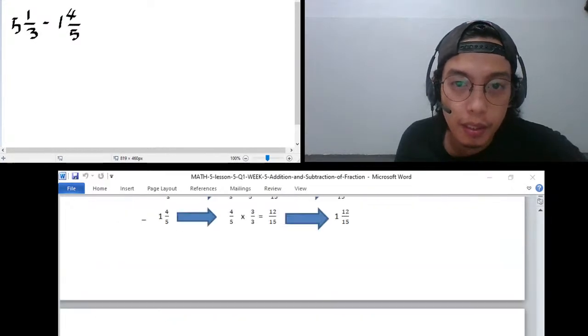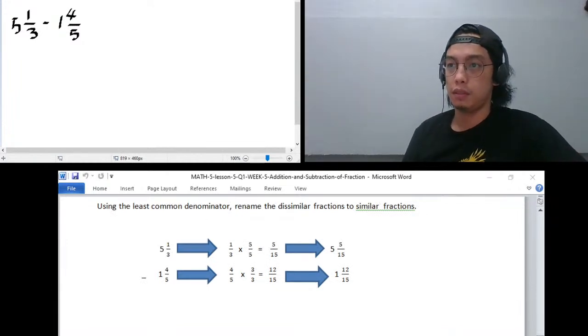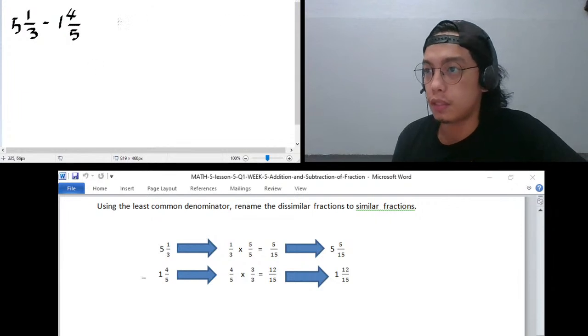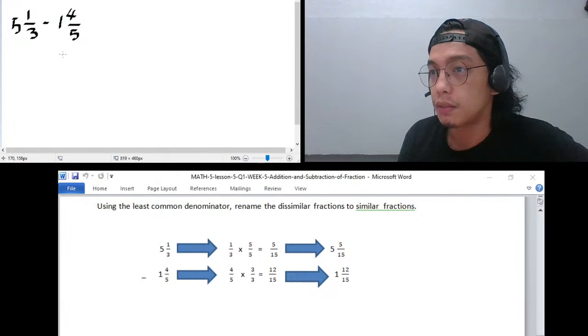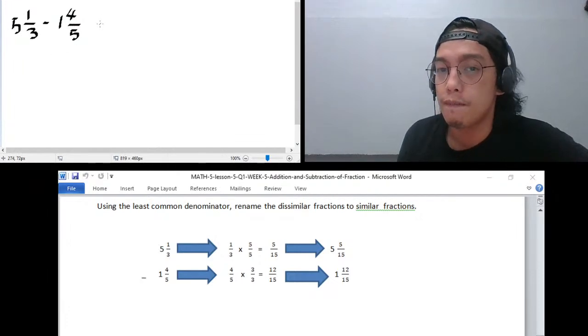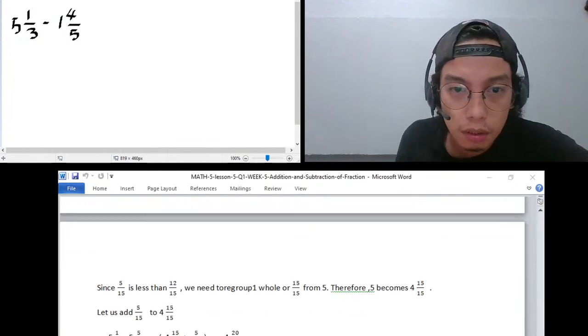Find the difference ng lang nila, no? Okay. So let's try to do that. Regrouping. So how did they do it?